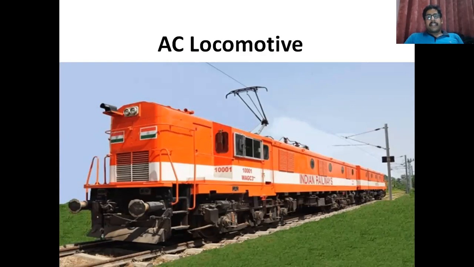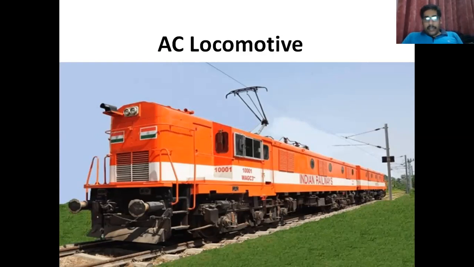This electric traction or AC locomotive is nowadays used in Indian railways, but it started around 1837 when the first AC locomotive came into the picture.